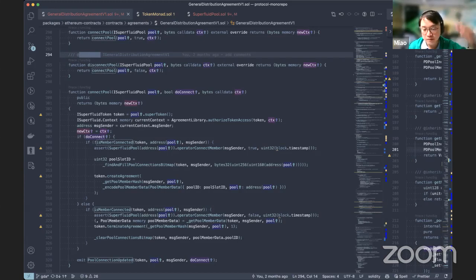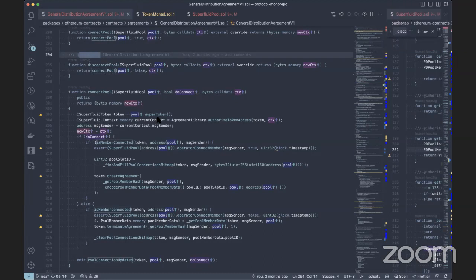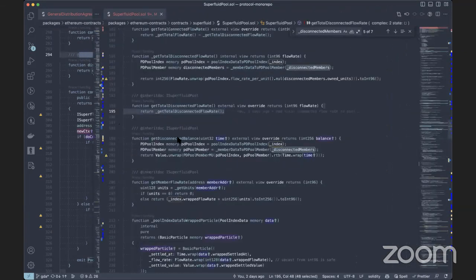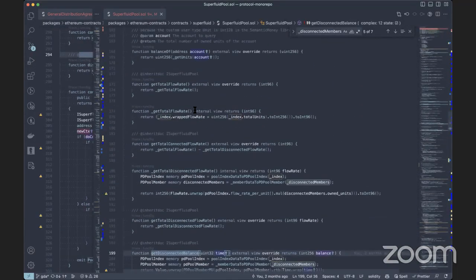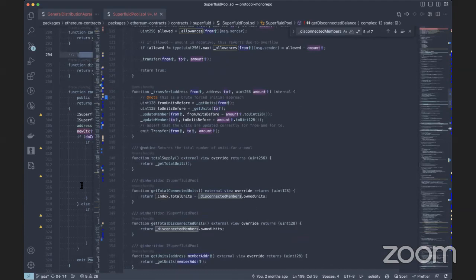The tank level will go up if not all of the members are subscribing, are connected to it. Yeah, you can visualize it like that. So there's a separation between connected and disconnected, and you'll have getting the disconnected balance and flow rate. Yeah, might be helpful for developers.